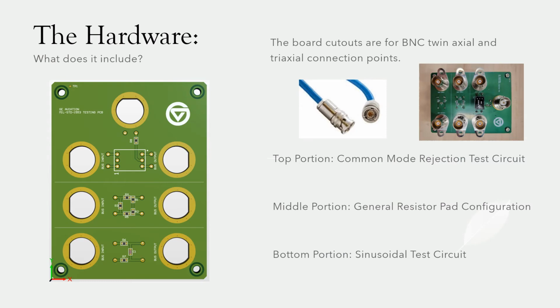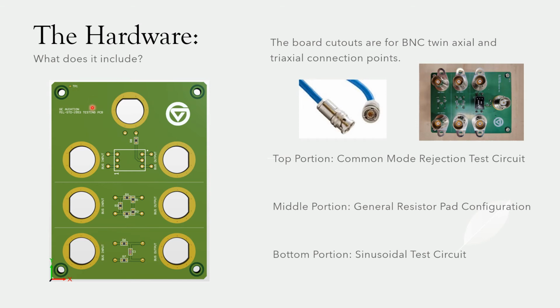Another hurdle to jump over was the creation of the hardware to run these tests. This included designing a PCB with a coupling transformer for common mode rejection, the general resistor pad, which is defined in the military standard handbook, and a filtering circuit for the sinusoidal test defined again in the military standard handbook.